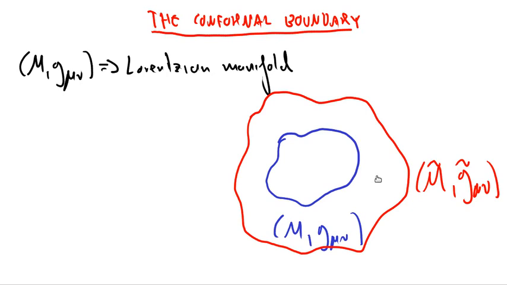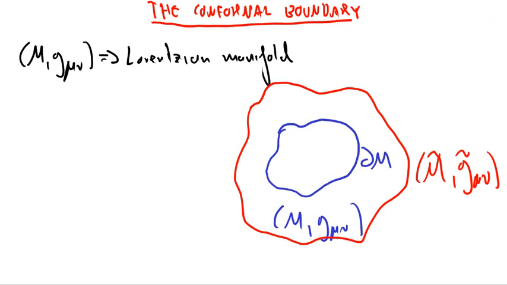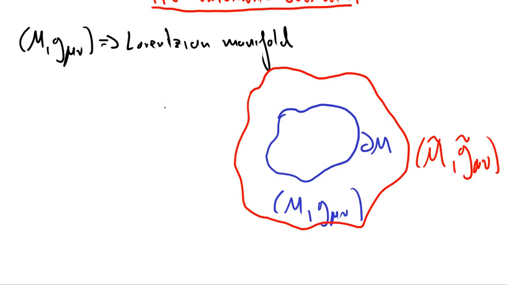And so we will be able to define things such as the shape of our space-time or the boundary of our space-time. Okay? So how are we going to do that? How are we going to embed our original space-time into a bigger manifold? This is going to be achieved by means of a conformal embedding.